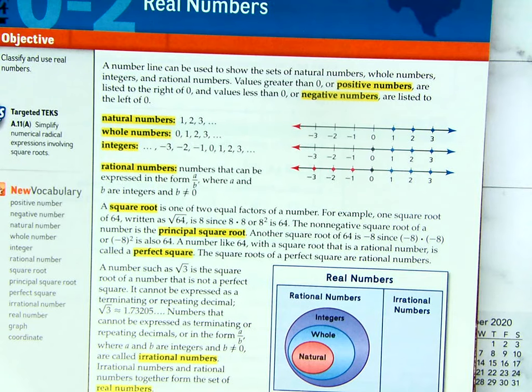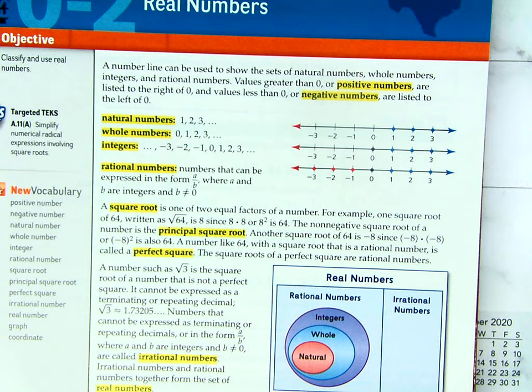Alyssa, I asked, is 7 a rational number? She didn't just say, yeah. She said, well, yeah. I said, good. And she said, it's the same as 7 over 1.